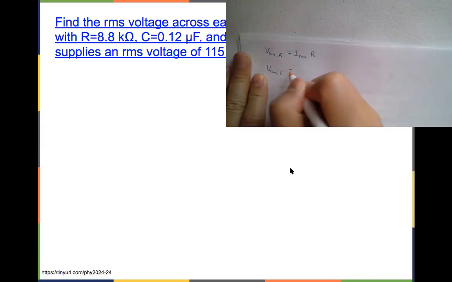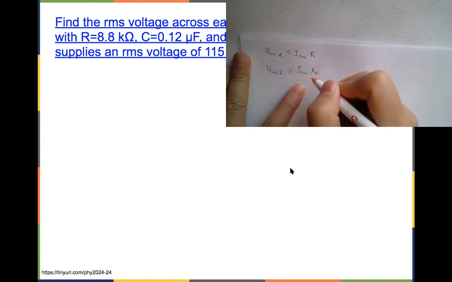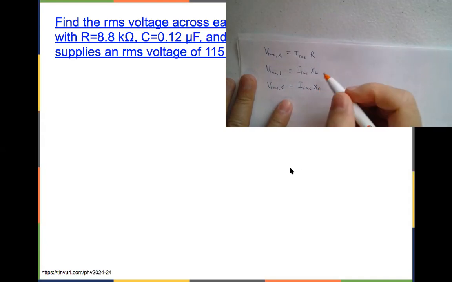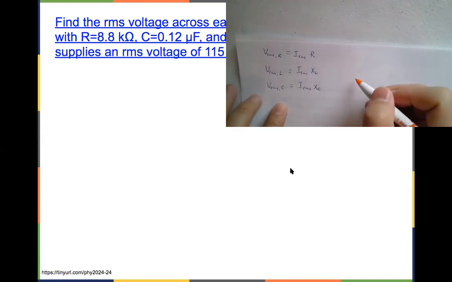The RMS voltage on the inductor is going to be equal to I_RMS times the reactance of it, according to the definition. And the RMS voltage on the capacitor is going to be equal to I_RMS times XC. Because you have the RLC in series, the I_RMS is going to be the same, because the three are in series. The current is going to be the same.